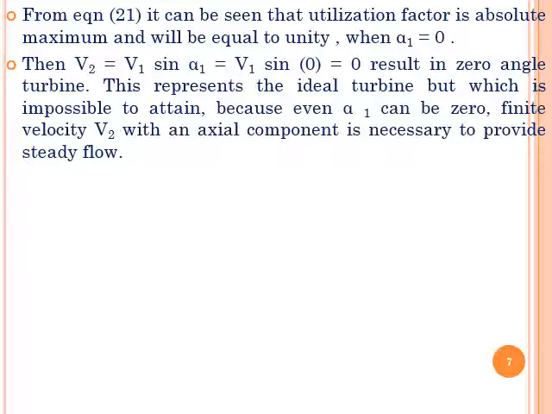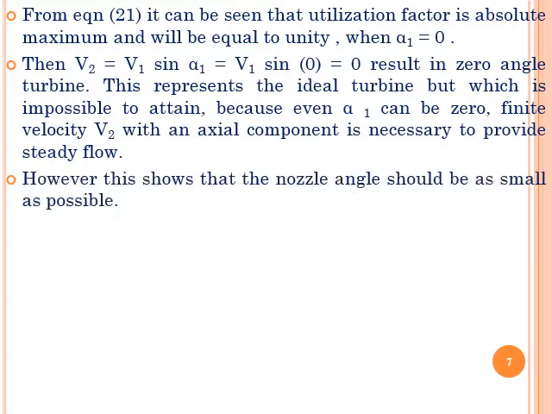This represents an ideal turbine, which is impossible to attain, because even if alpha 1 can be 0, a finite velocity V2 with an axial component is necessary to produce steady flow. However, this shows that the nozzle angle should be as small as possible.